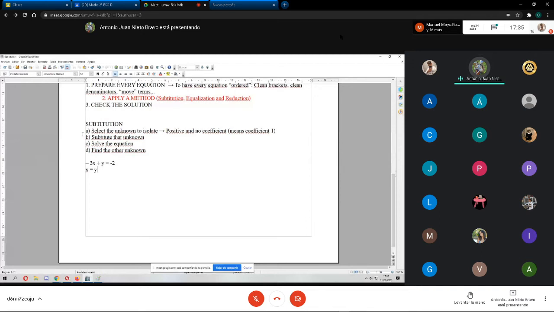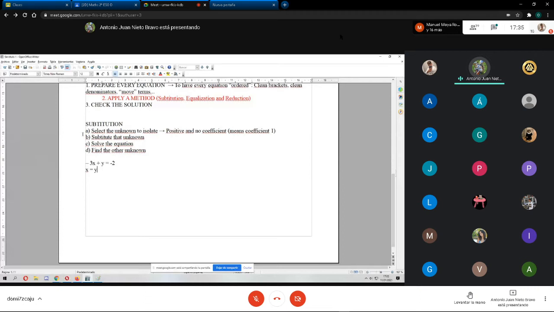Okay, that's the solution of the system. Okay, I'm going to copy this. This would be the other solution. Okay, y equals minus 1 and x equals minus 1.